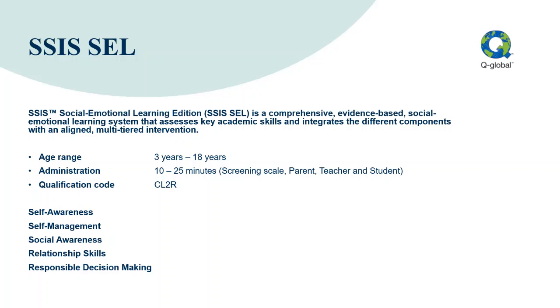A score that represents functioning on 10 core social emotional skills, and raw scores are provided along with standard scores with a mean of 100 and a standard deviation of 15, as well as percentile ranks. Higher scores indicate higher, more desirable levels of functioning.